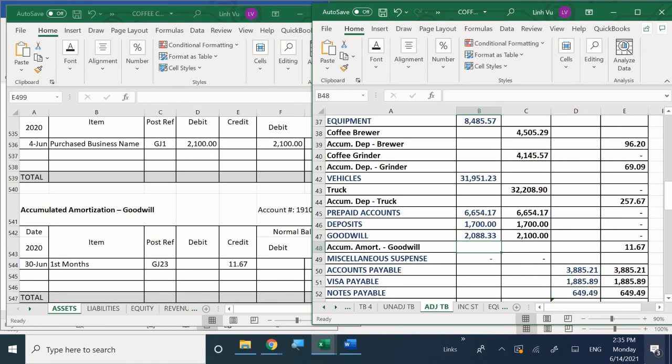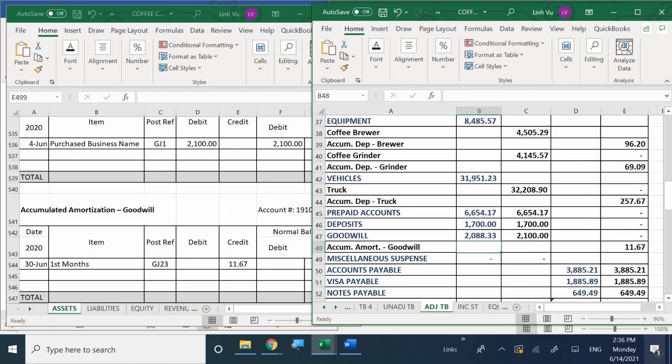For goodwill, the debit is 2088.33 and the credit's 2100. For the main account, the debit is 208833. For the regular accounts, the second and fourth columns, the black numbers are going to represent all your numbers.